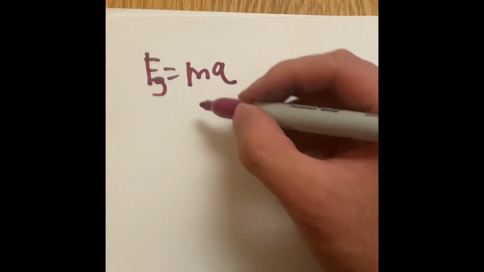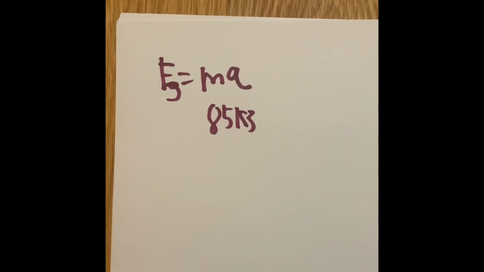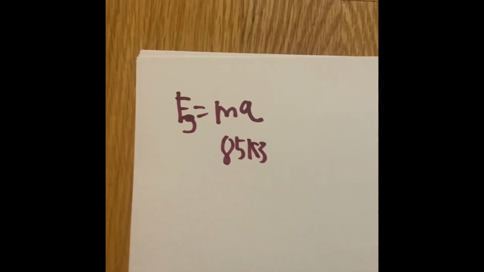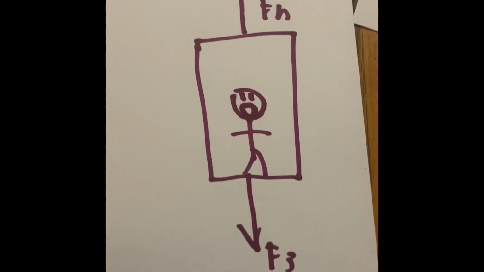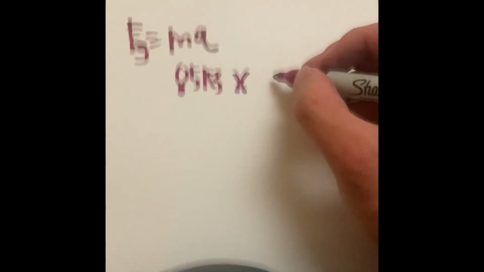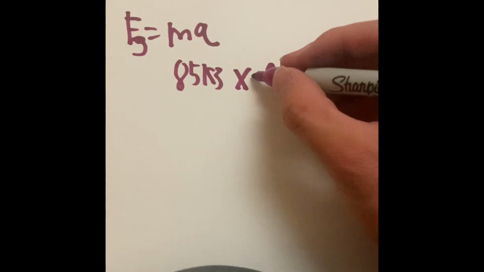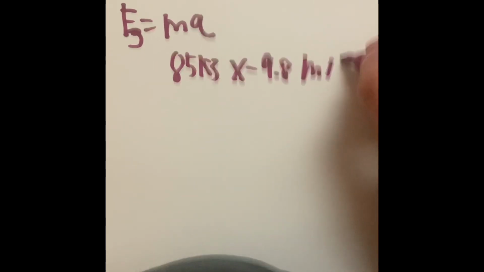So when we do that, we have 85 kilograms. But we don't know what our Fg is. But since we're talking about the man's weight and we're trying to get it in newtons, we get to use gravity. So we multiply that by the Earth's gravitational acceleration, negative 9.8 meters per second squared.